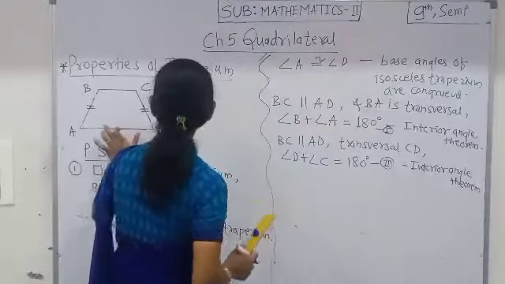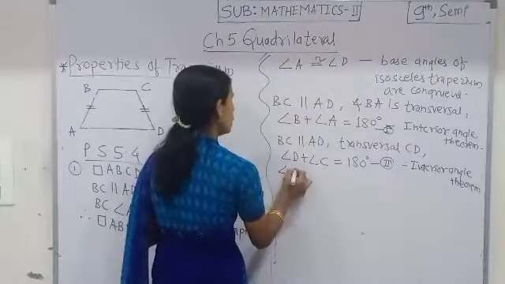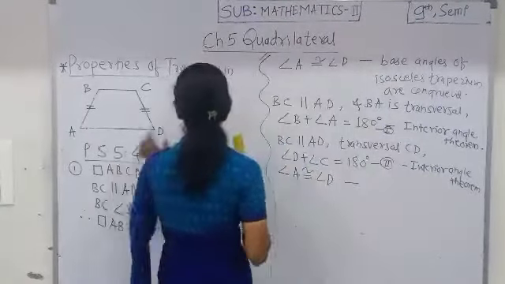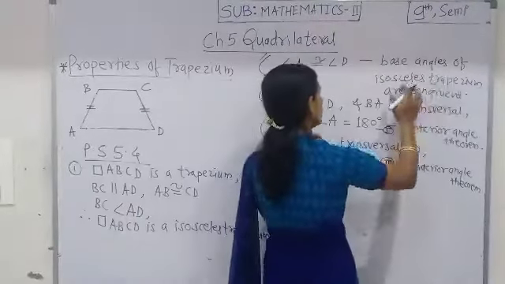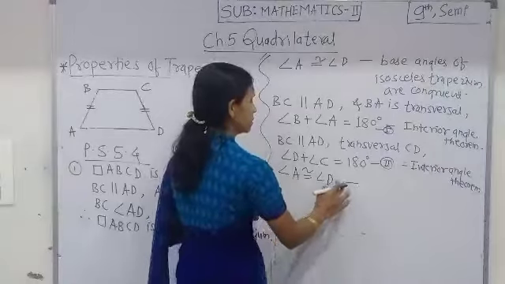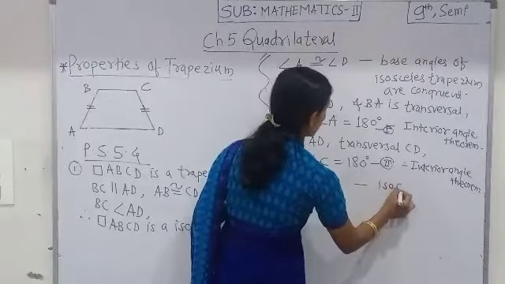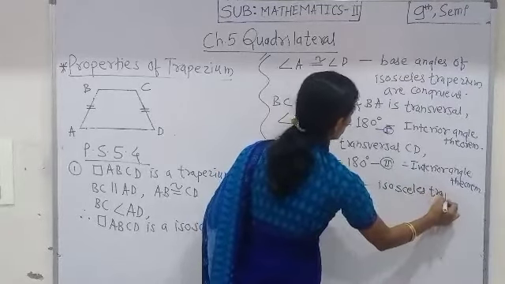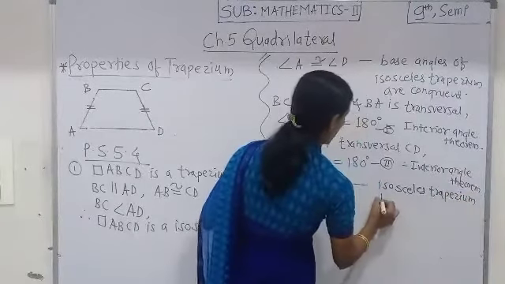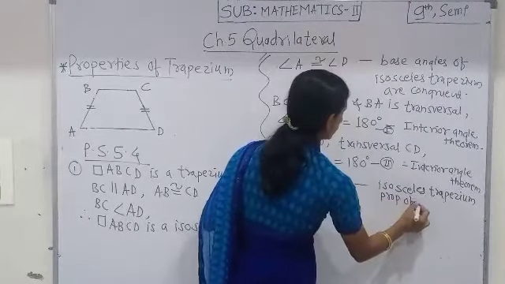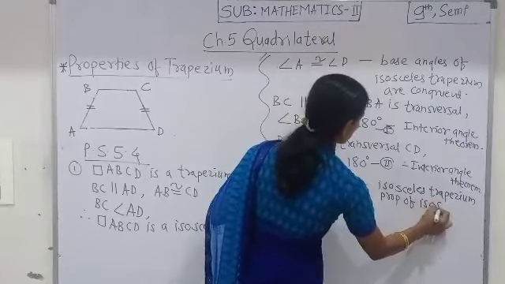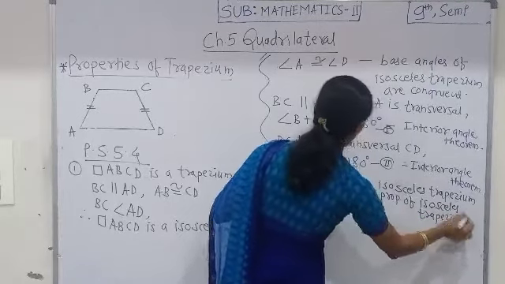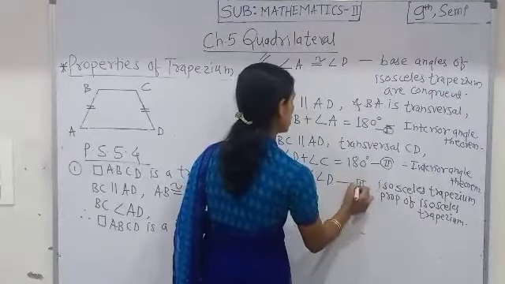But angle A is congruent to angle D, because base angles of an isosceles trapezium are congruent, because the trapezium which is given is an isosceles trapezium, and by the property of isosceles trapezium. Let this be equation number 3.